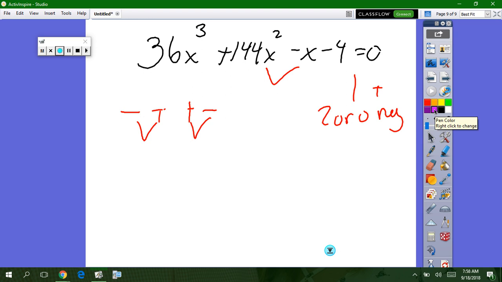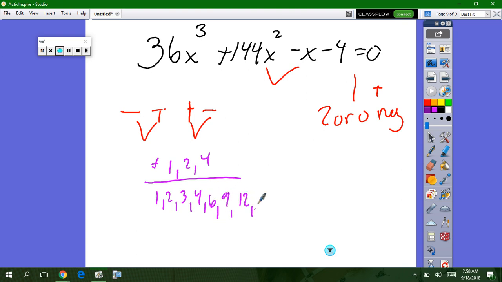Well, what's the factors of 4? 1, 2, 4, plus or minus, right? Over, what's the factors of 36? This one is tough. 1, 2, 3, 4, 6, 9, 12, 18, 36.